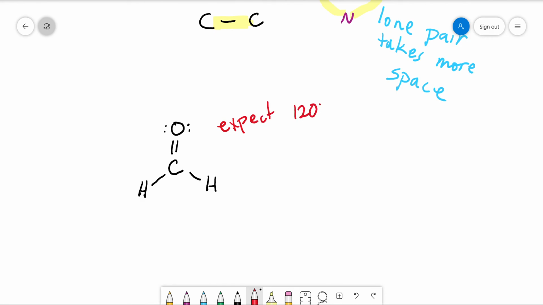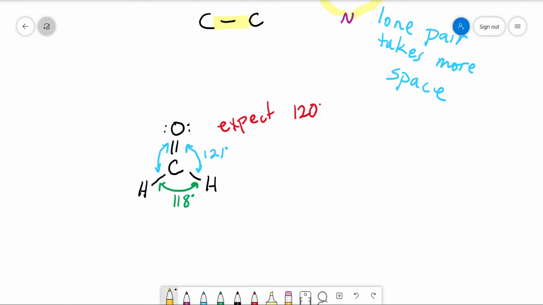But what we find is that these bond angles here are about 121 degrees, and this bond angle is 118. So what's going on is that the double bond is actually bigger than the single bond. We're not going to get into that until later in the chapter, but the double bond takes up more space.